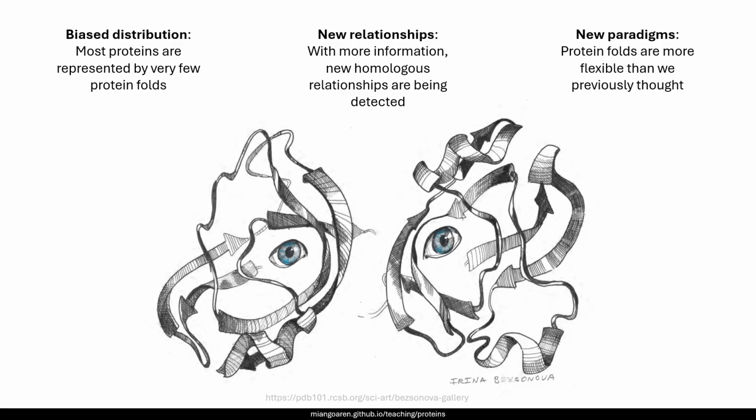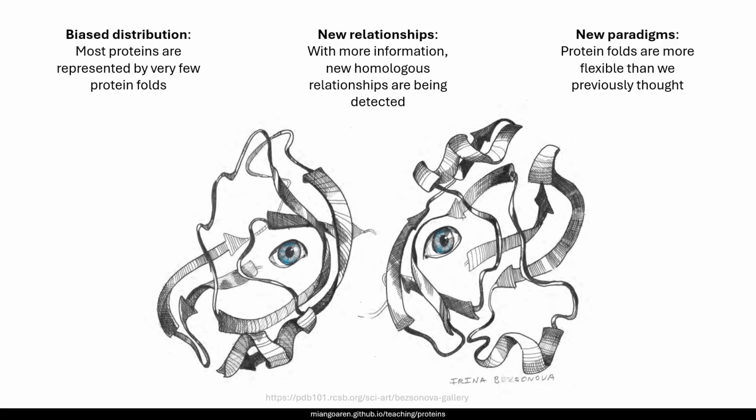The first point being the fact that really the distribution of proteins in this space, in this universe of proteins, is really skewed such that there are even only a few folds that really recapitulate the vast majority of proteins.